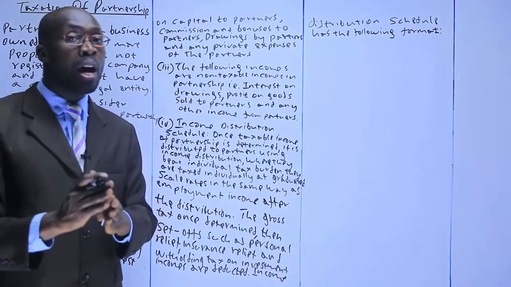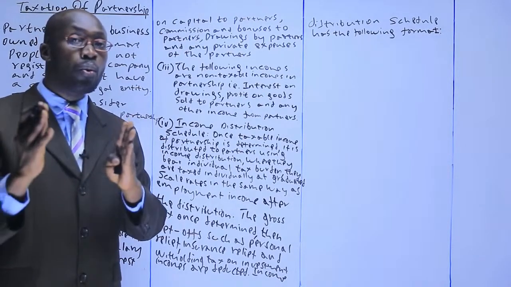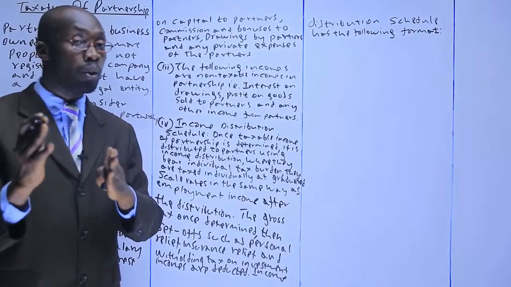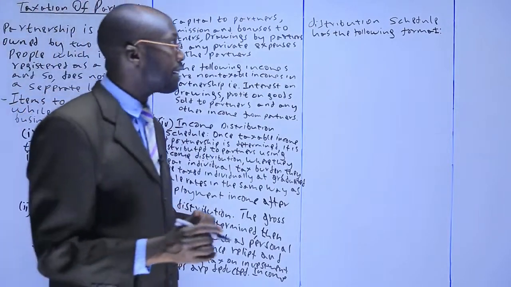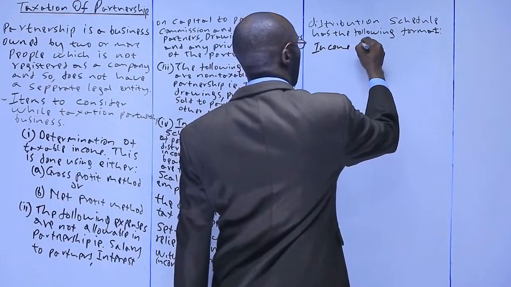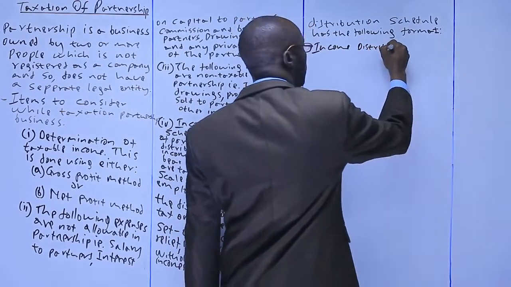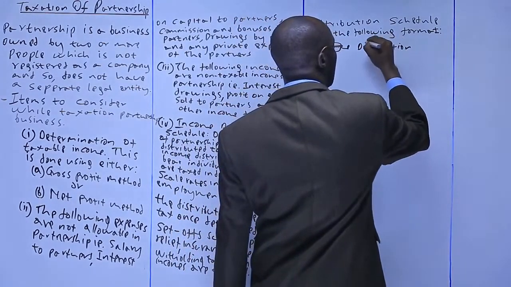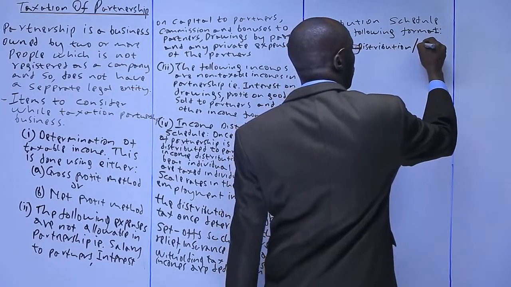Now, I want to show you how the distribution is done through the income distribution schedule or allocation schedule. So it has this format: income distribution schedule.